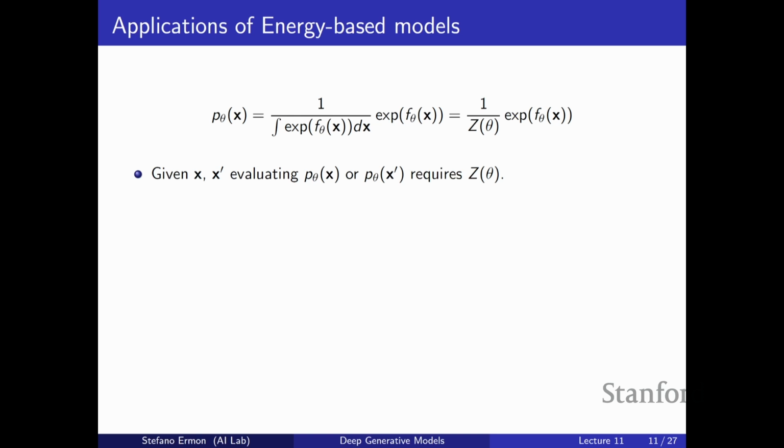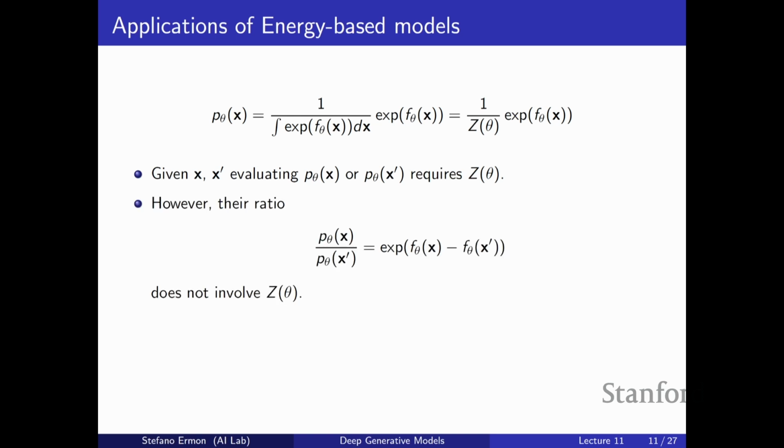Even though you might not be able to evaluate the probability of x and the probability of x prime under this model, because that would require knowing the partition function, if you take the ratio of the two probabilities, that does not depend on the normalization constant. Both the numerator and the denominator are normalized by the same constant, and so that goes away. If you think about slices of pie, you can look at the relative size easily without knowing the actual size of the pie.